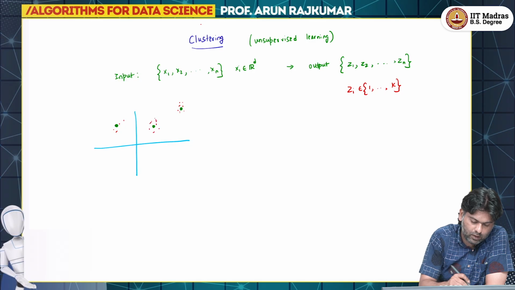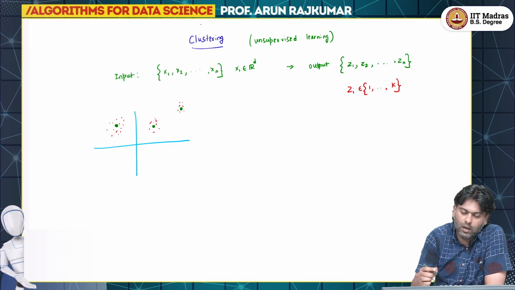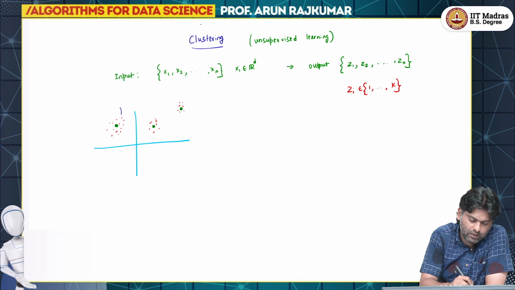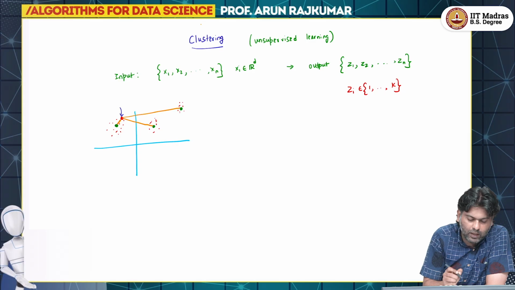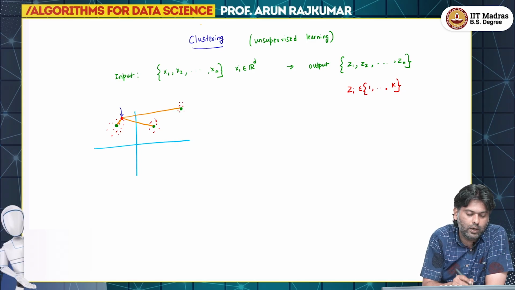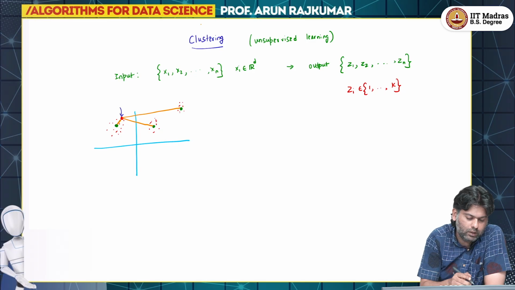The data points are still here. If I gave you the green points and asked you to tell me what the clusters are, you can take any specific red point, let's say this red point for instance, and compute the distance of this red point to each of the green points, and then assign this red point to the closest representative, the closest green point, in which case this would be this.